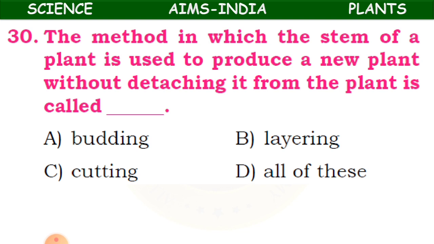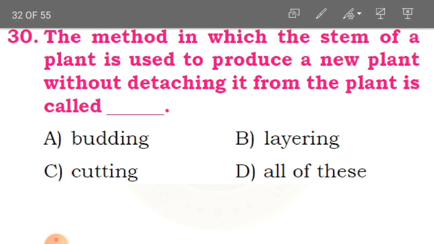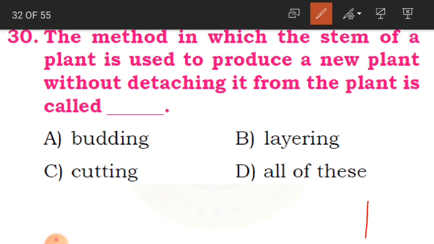So how is another plant grown without cutting from the mother plant? If you observe the picture, this is the mother plant, and sometimes we take a branch stem and dig it inside the soil by bending it.